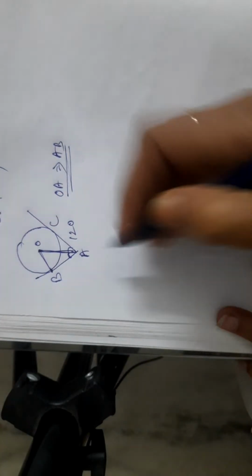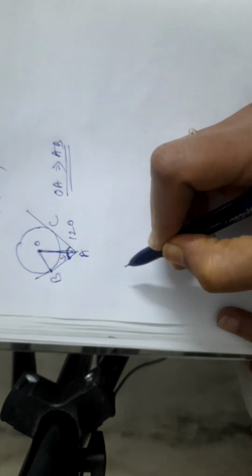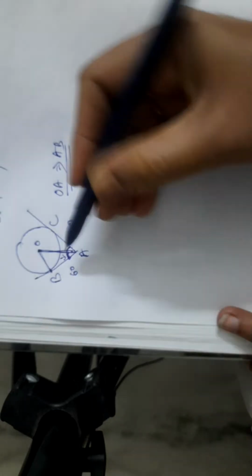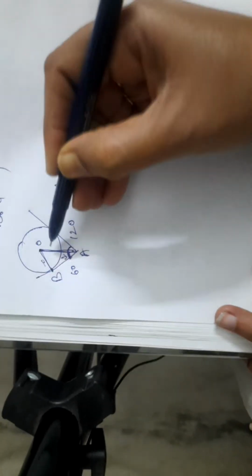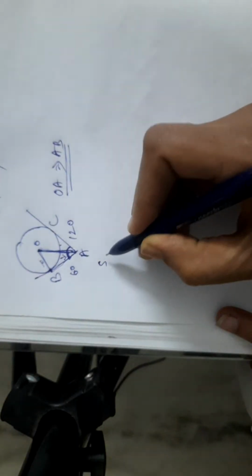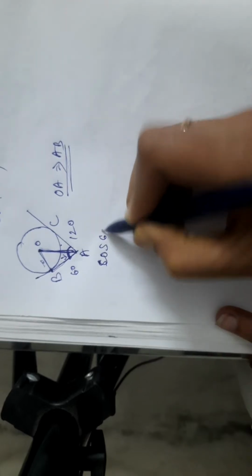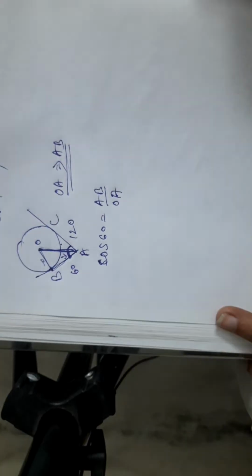As the complete angle is given 120, this part will be 60. As this is perpendicular, we need to find OA. OA is the hypotenuse. We need to find it in terms of AB. So base upon hypotenuse: cos 60 is AB upon OA. Will you say the answer now?